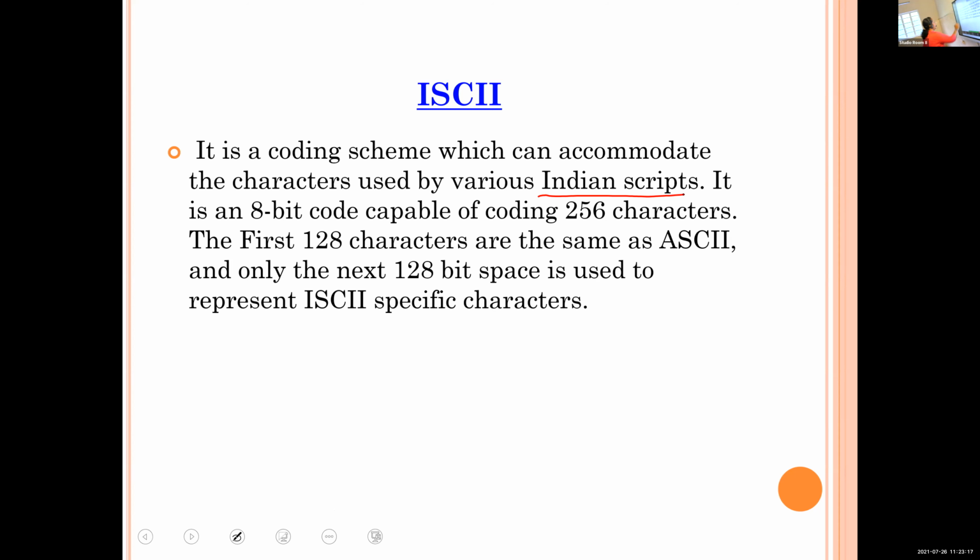It is an 8-bit code. ASCII is a 7-bit code. Here it is an 8-bit code capable of coding 256 characters. How many characters are in ASCII, Tom?